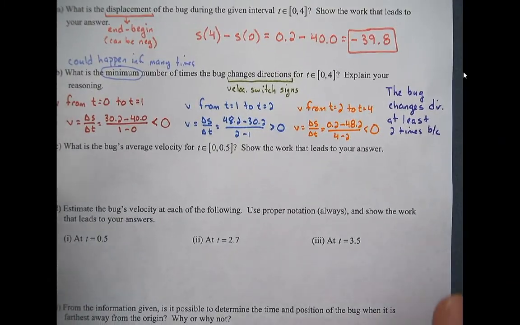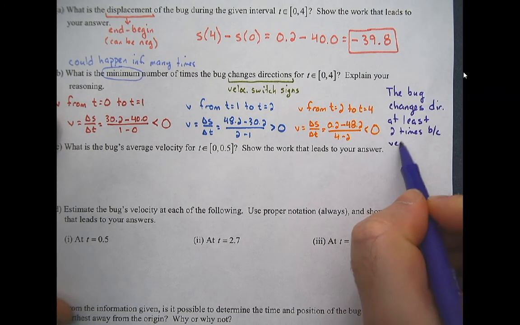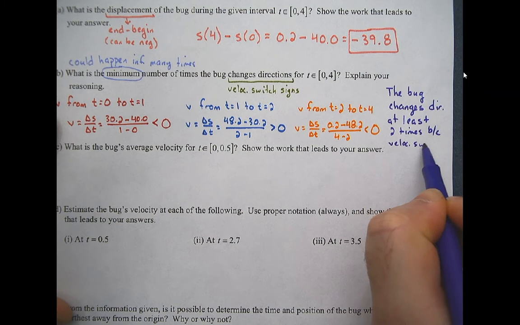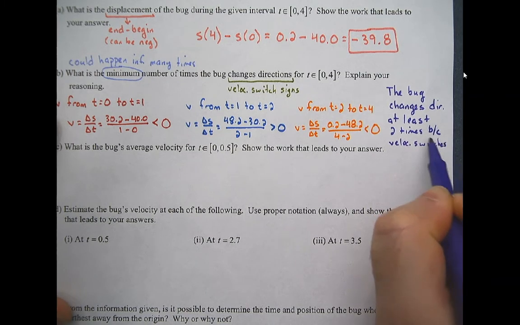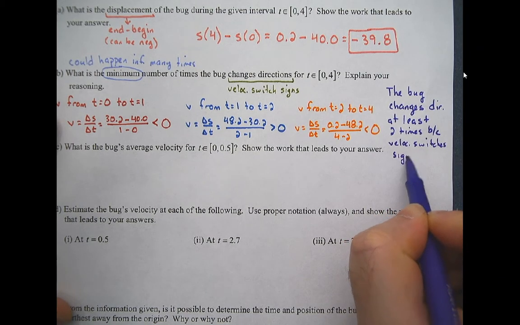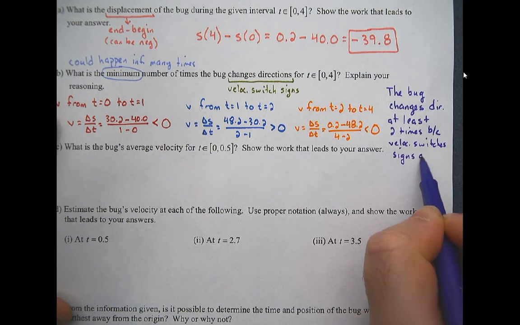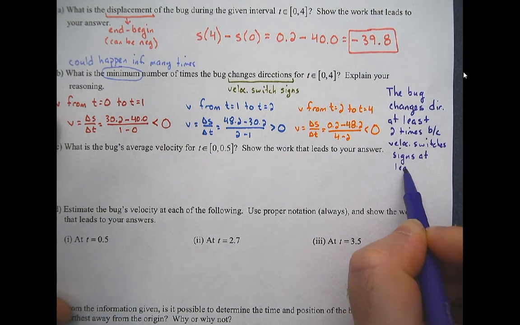The bug changes direction at least 2 times because velocity switches signs at least twice.